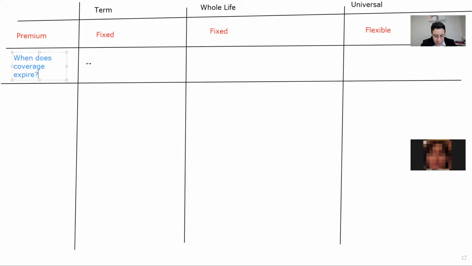So a term policy goes for the size of the term, whether it's 10 years, 20 years, 30 years, okay? A whole life policy is known as permanent, which means it doesn't expire.